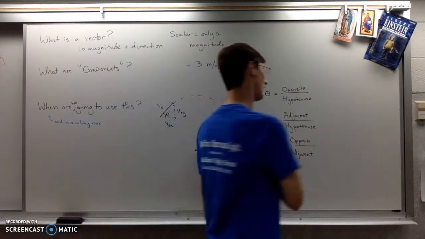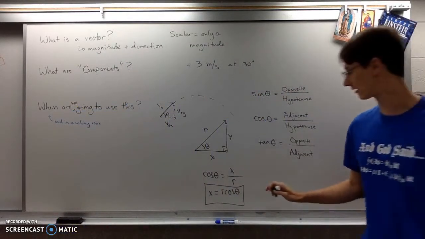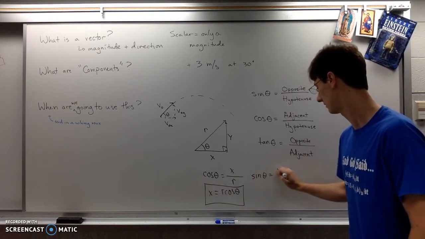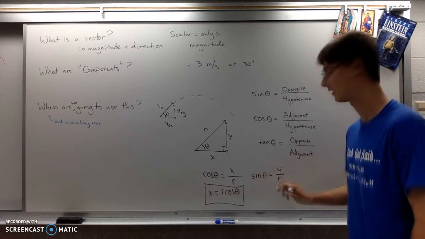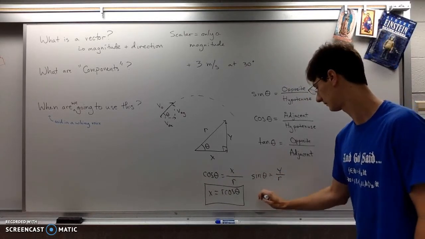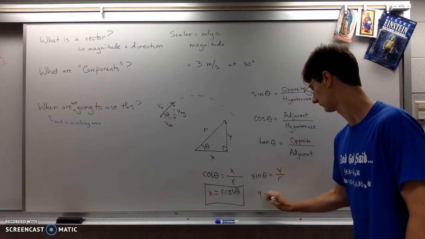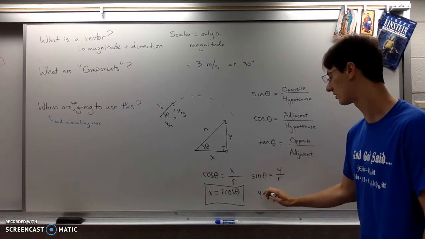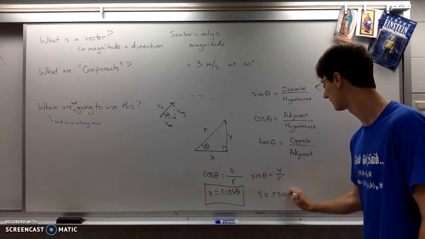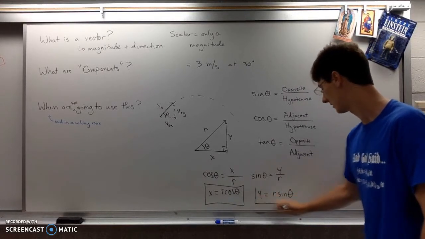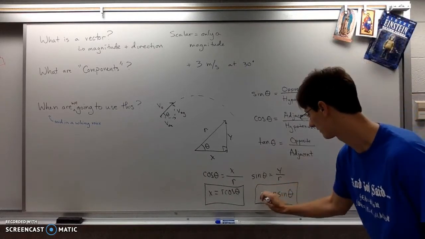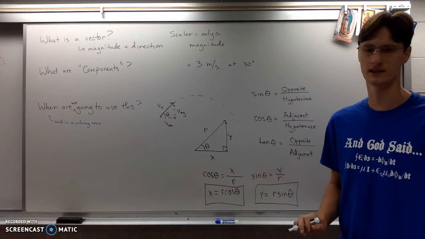All right, and then a little bit of work later, I can see that sine theta, which is opposite over hypotenuse, sine theta is going to give me that the y component, the side I labeled y, is r times sine theta. That's a y. I promise that's a y. There. That doesn't look much better.